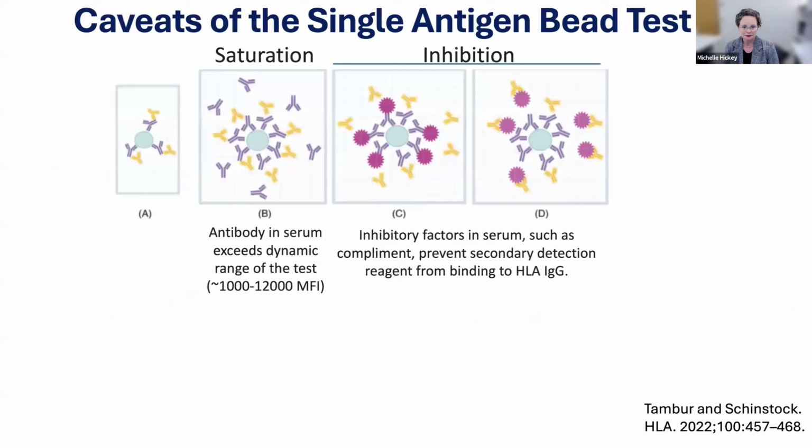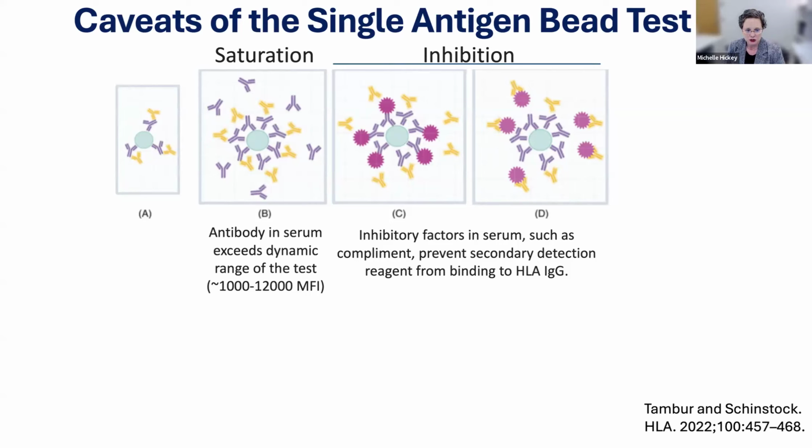Next slide. But there are some caveats to the single antigen bead test that we are well aware of. So as shown in panel B, if the antibody in the serum is in excess, then it can be difficult to really understand the strength of the antibody because so much antibody is binding to the bead, all of the antibody can't bind because of that excess, and the results will exceed the dynamic range of the test.